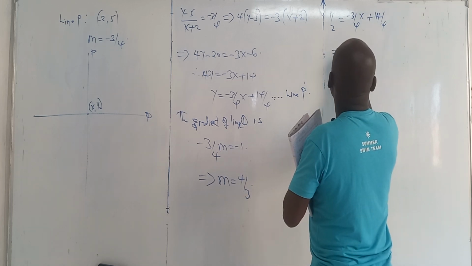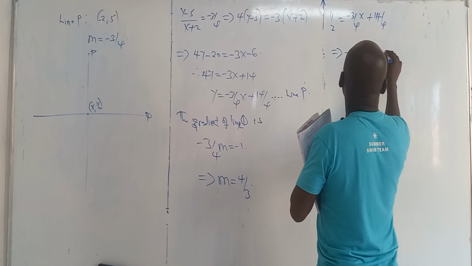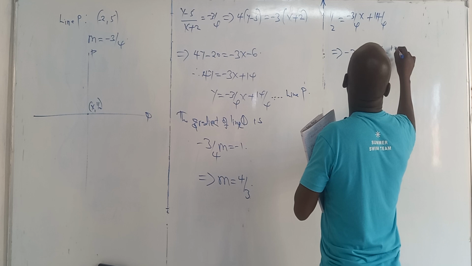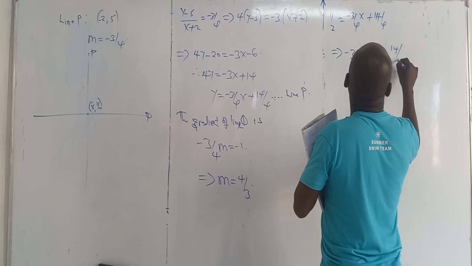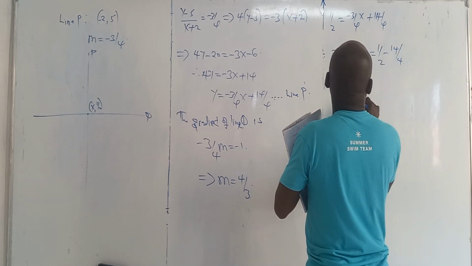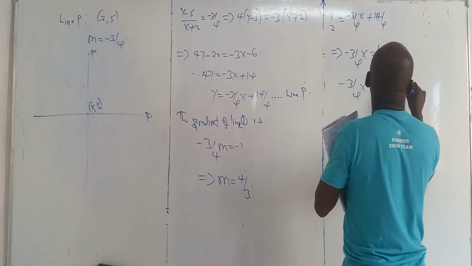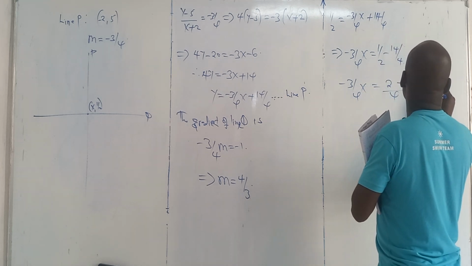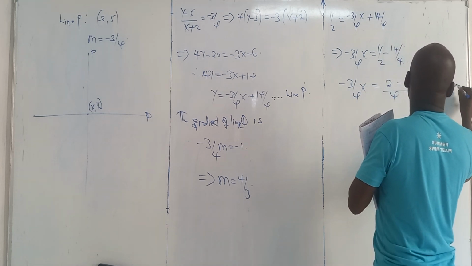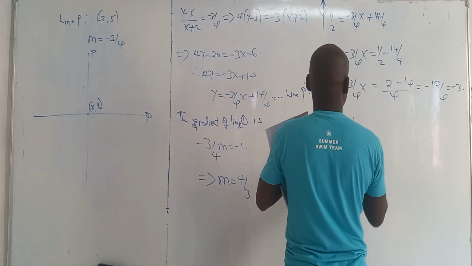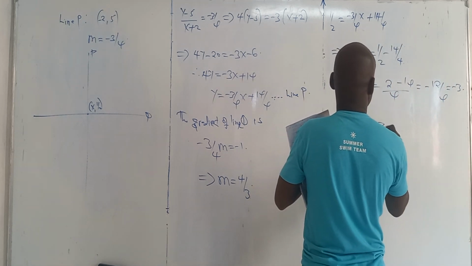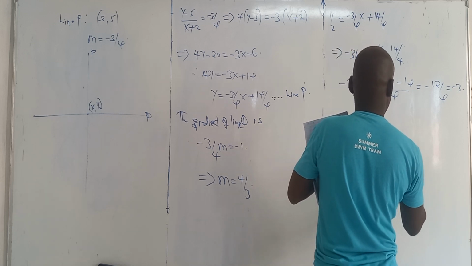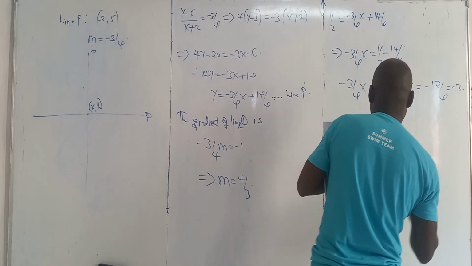That implies that minus 3 over 4 x is equal to half minus 14 over 4. The LCM is 4, so that's 2 minus 14, giving minus 12 over 4, which is minus 3. So minus 3 over 4 x is equal to minus 3, implying that x is equal to minus 3 times 4 over minus 3, which is 4.